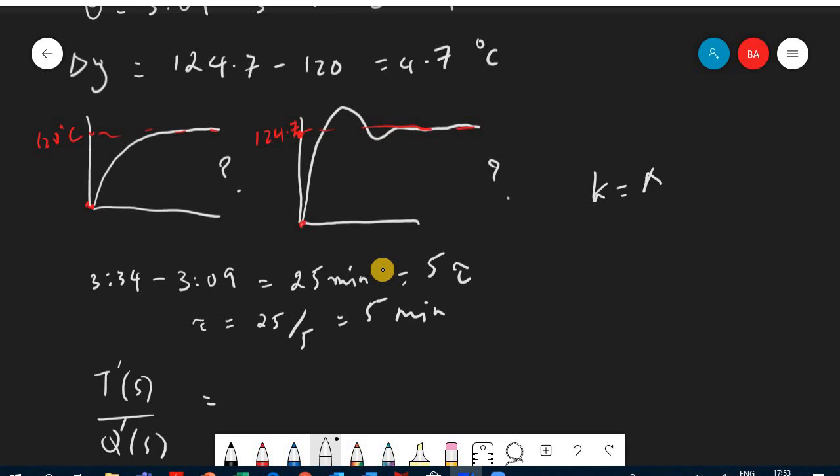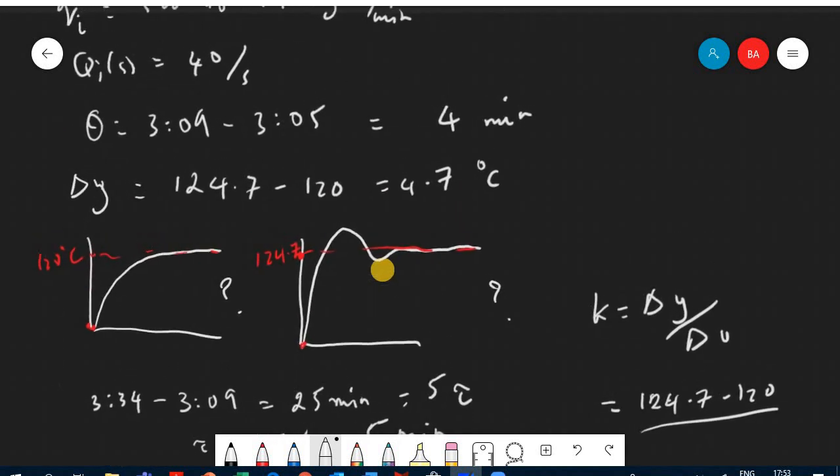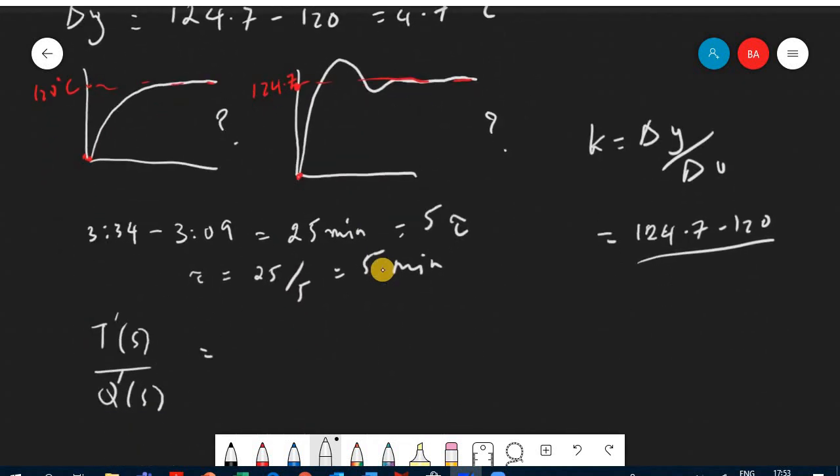K is equal to change of output over change of input. The change of output was 4.7, which is 124.7 minus 120, and the change of input in Qi was 40, so it is over 40, and K is 0.188.